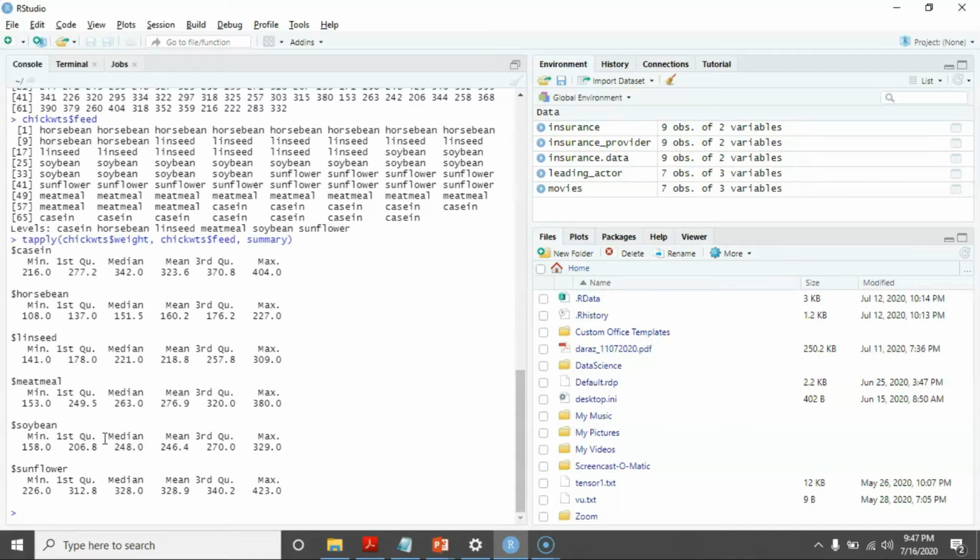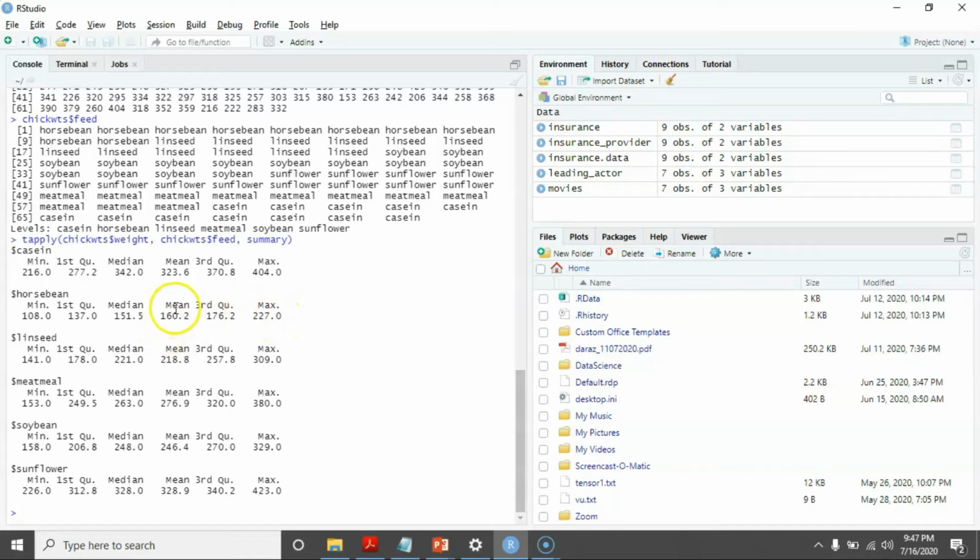There are 6 types of feeds, and the other attribute was weight. If you use the feed casein for your chicken, the minimum weight of the chicken is 216 and the maximum is 404. Similarly, for horse bean, 108 and 227.